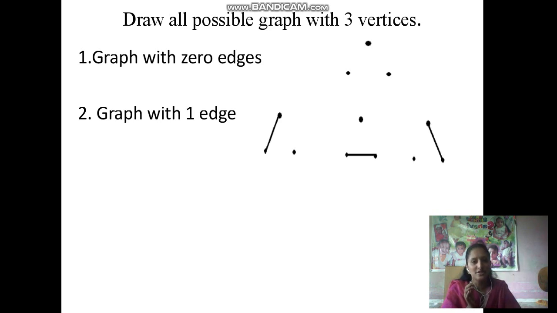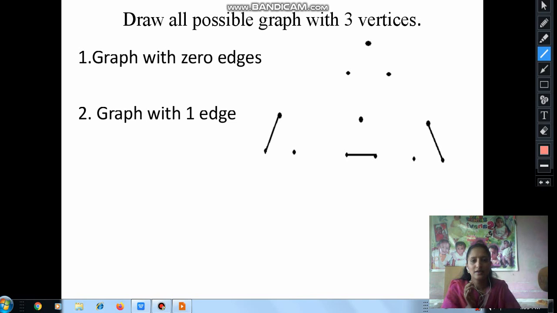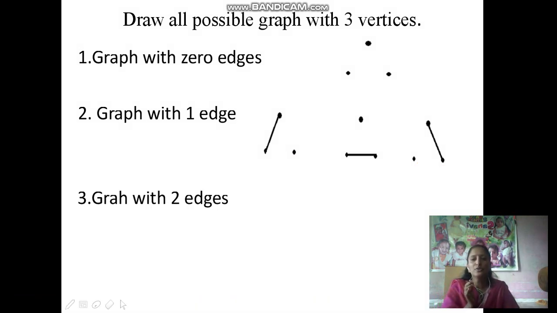Graph with 1 edge. Now there are 3 graphs which contain 3 vertices and 1 edge. Now graph with 2 edges.